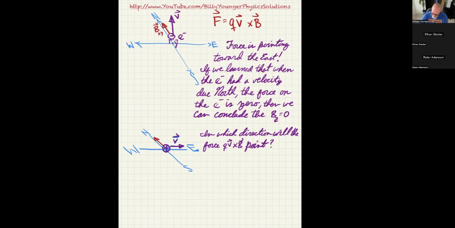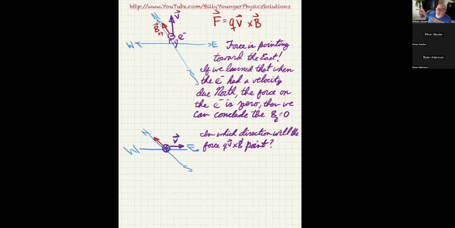Okay. Well, let's do it again then. Let's make sure we understand it. So in this case, it's a positive particle. So QV is definitely going to be the same direction as V. So I'm going to take my index finger and point it due east, which is to my right in general. Now, the magnetic field's pointing due north.